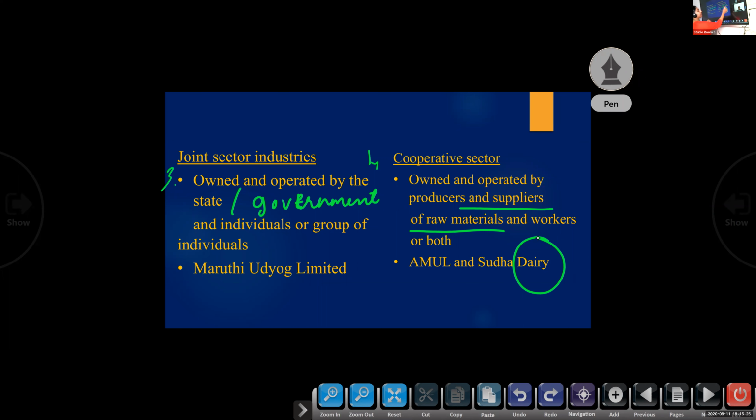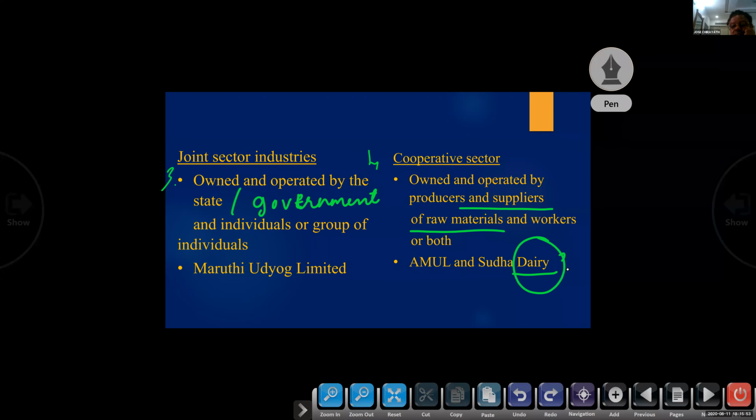What is the raw material in dairy industry? Milk. So here producers and suppliers of raw material, milk producers and suppliers of milk, owned and operated by farmers.